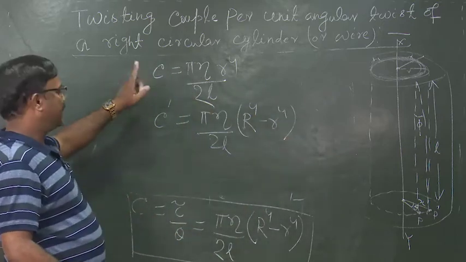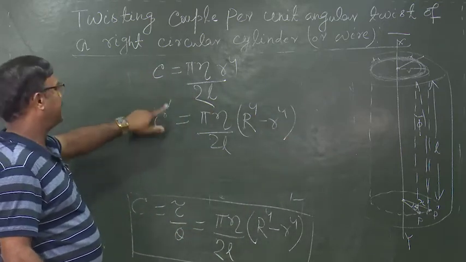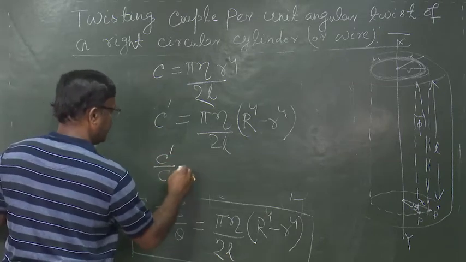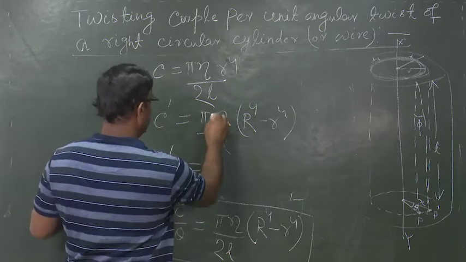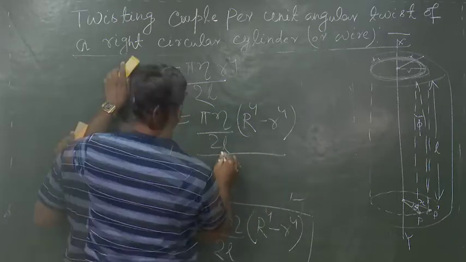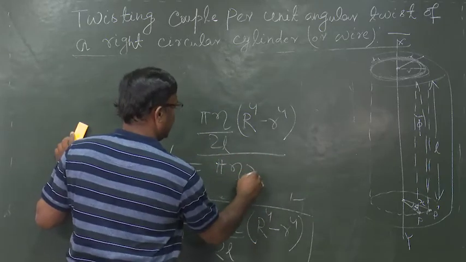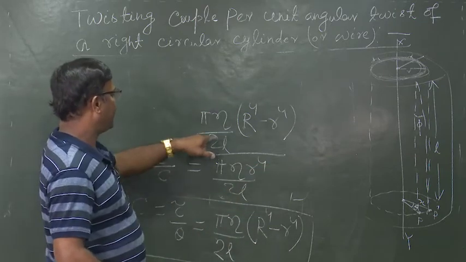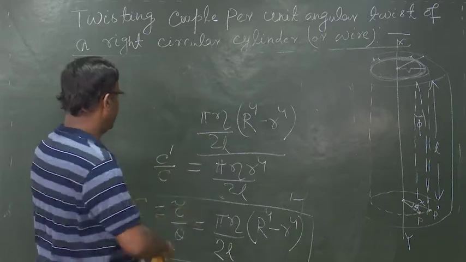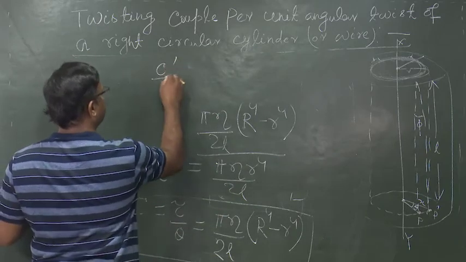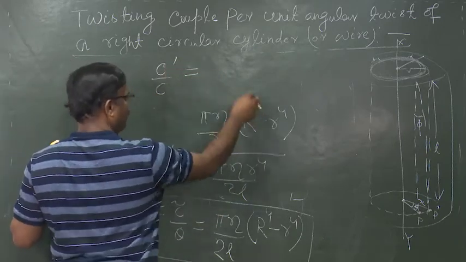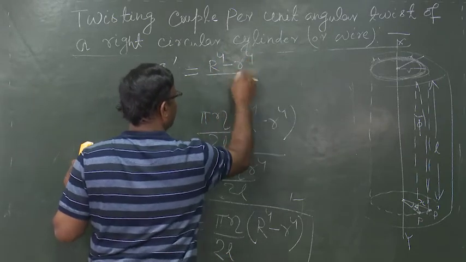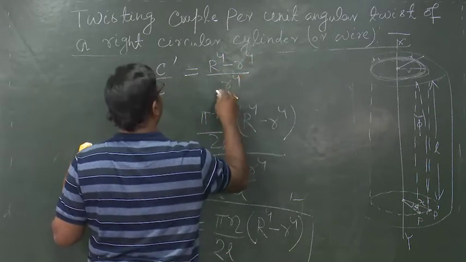Now let us divide C dash by C. Now C dash by C will be how much? This much divided by pi eta R to the power 4 by 2L. Pi eta by 2L get cancelled. So C dash by C will be R to the power 4 minus r to the power 4 divided by R to the power 4.